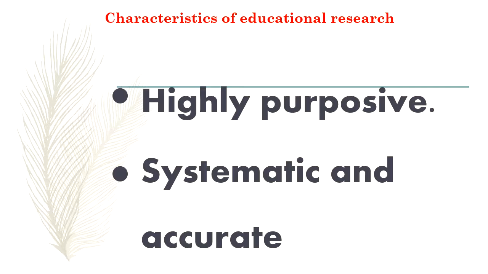It is done by doing different purposeful activities. It is systematic and accurate investigation. Very systematic, which goes on step by step. We need to continue it according to the steps which are there. Then it is also an accurate investigation where there is very little scope for errors, very little scope for committing mistakes.